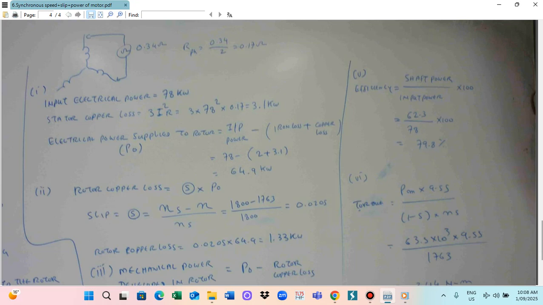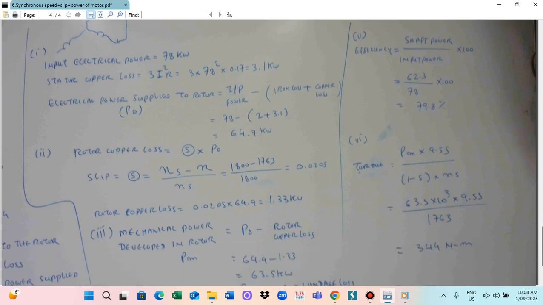The stator winding resistance per phase is already calculated as 0.17 ohm, and we calculate the stator copper loss, which is just 3I square R. The stator current is given as 78 ampere, and resistance is 0.17. By calculating this, we get 3.1 kilowatt. So this is the stator copper loss.